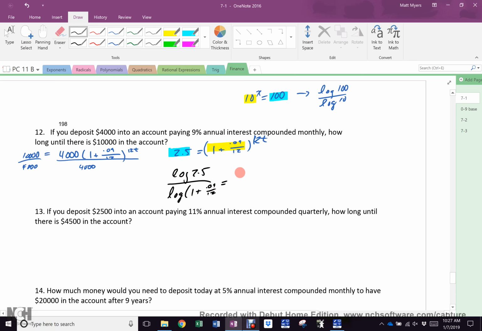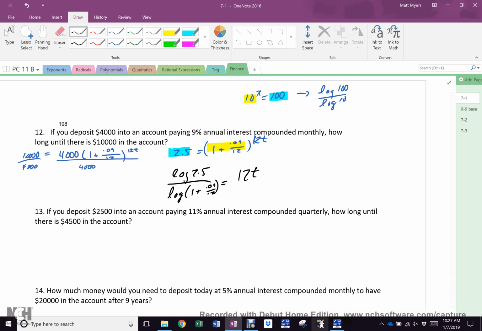Well, I'm going to get 12t, right? Right? So if I do this math, that gets me 12t, yeah? And then what do I have to do to get t by itself? I got to divide by 12 again. Everybody cool?